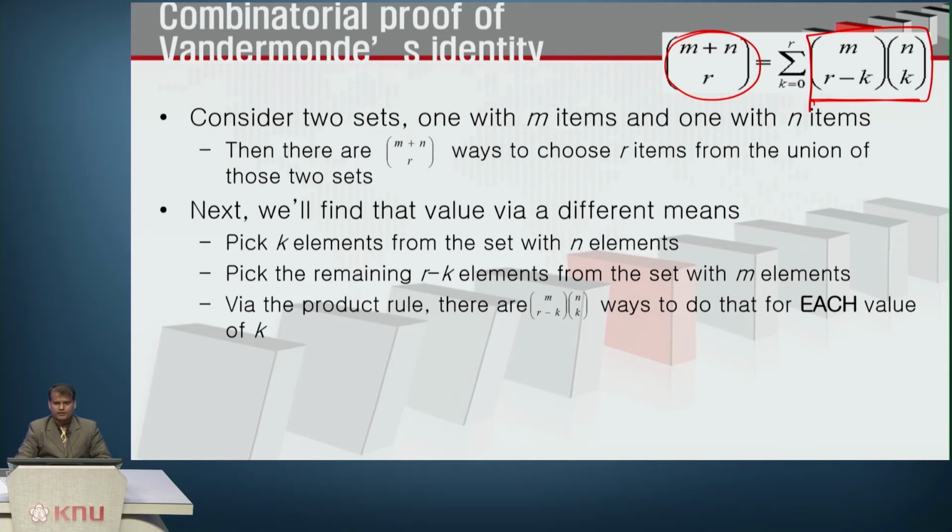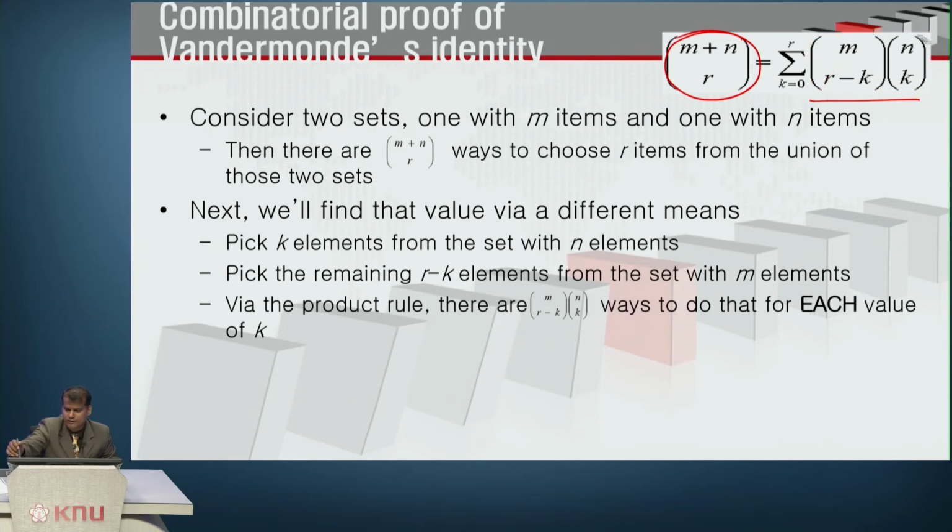For that, we have to pick k first. So k can be picked from the n elements that we have in hand. After k is picked, pick the remaining r minus k from m.